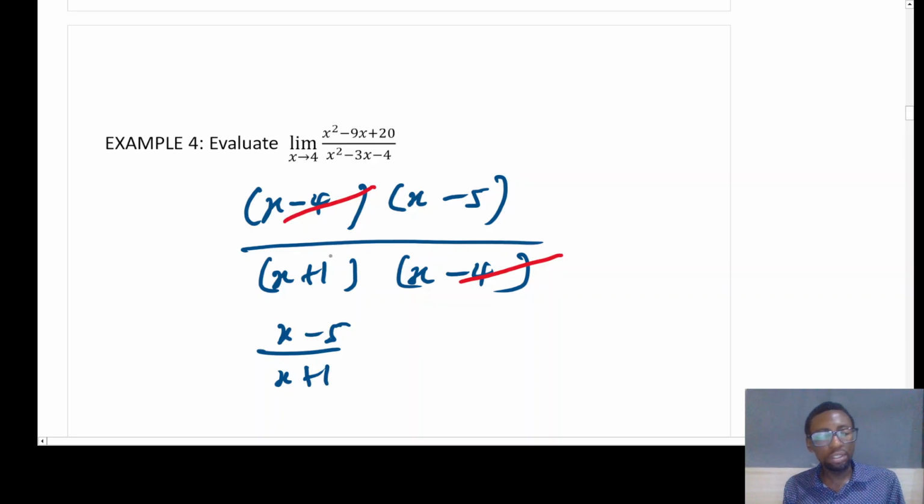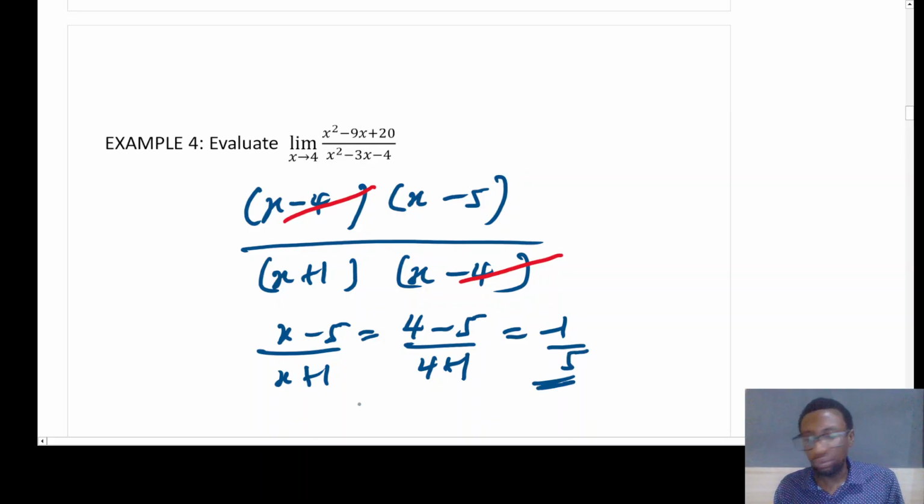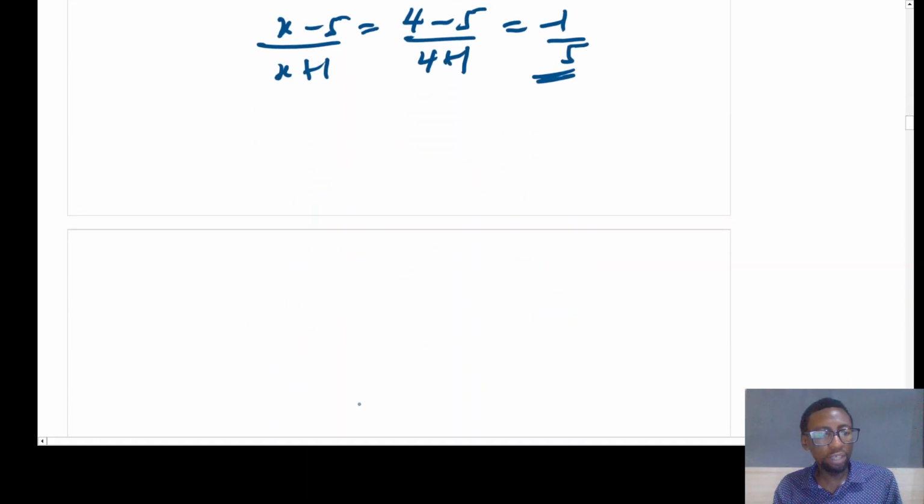Since we have simplified to the simplest form, we can substitute our value of x, which in this case is 4. That will give me 4 minus 5 over 4 plus 1, and that gives us minus 1 over 5. So let's go to example 5.